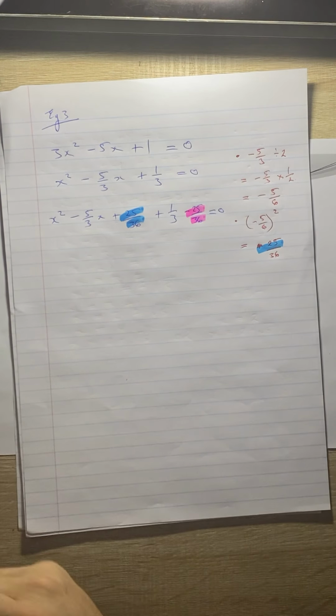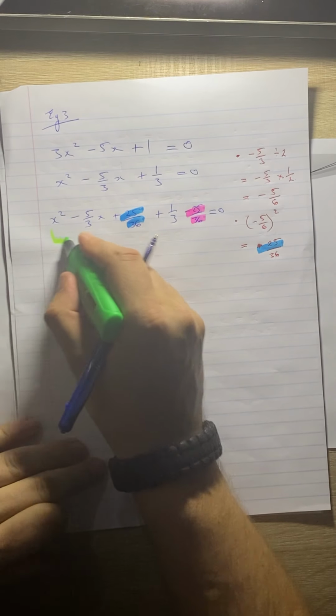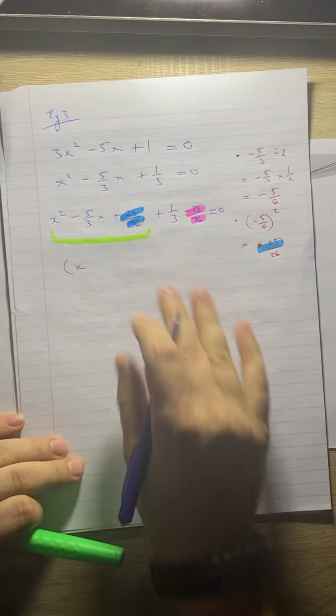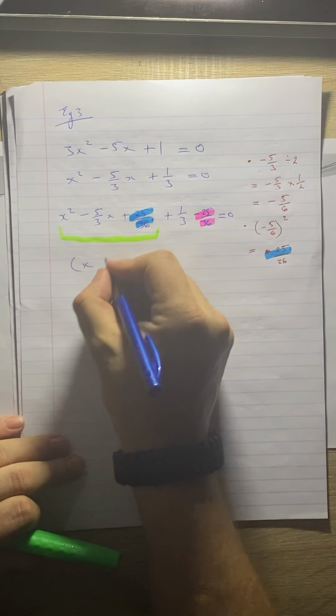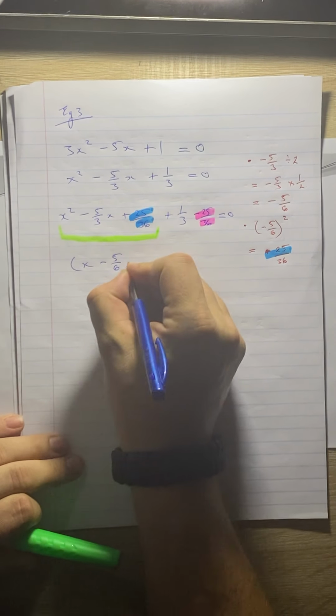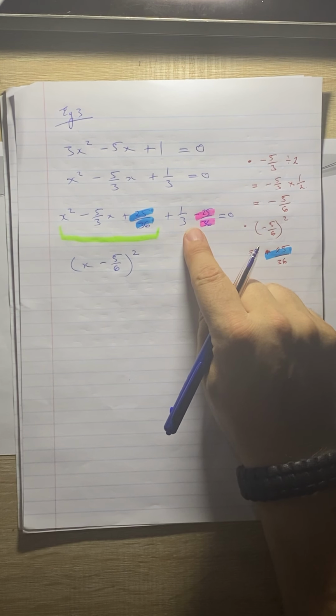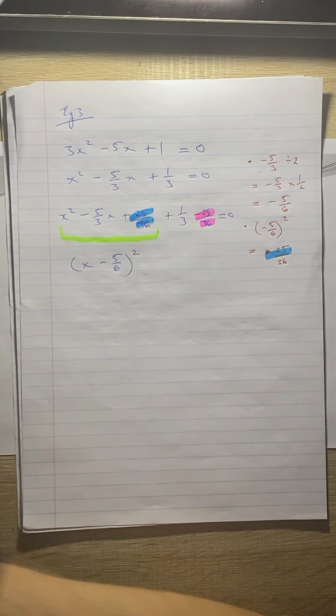So what have we done there? We've made a perfect square. So x and whatever I squared, minus 5 over 6 squared. Now this little bit over here, you can just punch it in the calculator.